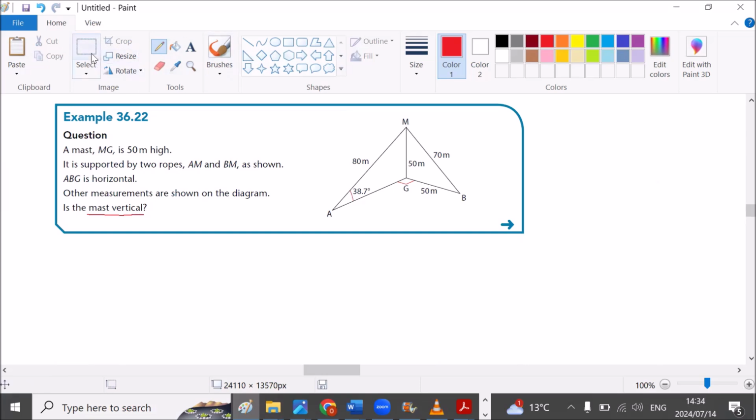So let's consider triangles and see if they are forming right-angled triangles. Let's consider triangle MGB. Now, for the mast to be vertical, this angle must be 90 degrees. So if we have 50 meters there and 50 meters there and 70 meters, the square of the hypotenuse, which is 70 squared, should be equal to the sum of the squares of the two other sides, 50 squared plus 50 squared.